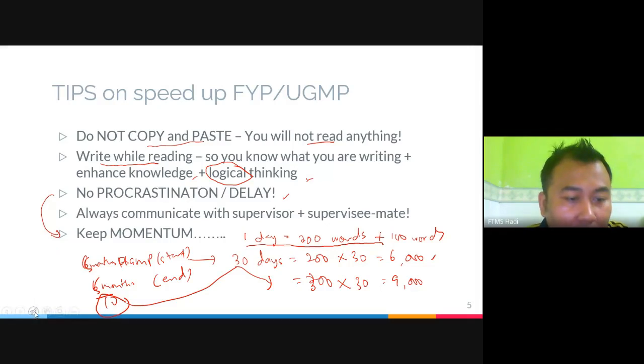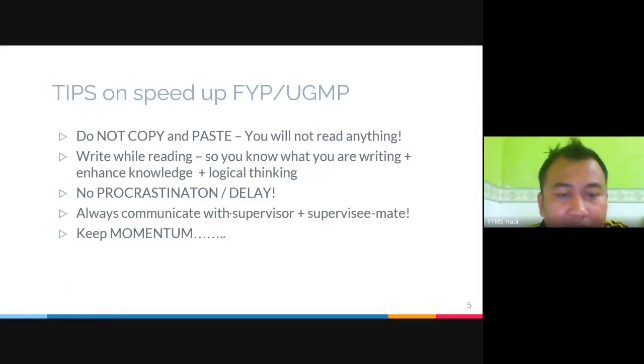And then this one, always communicate with your supervisor or supervising mate. Supervising mate means that sometimes one supervisor or one lecturer has a group of students. Let's say me, myself.